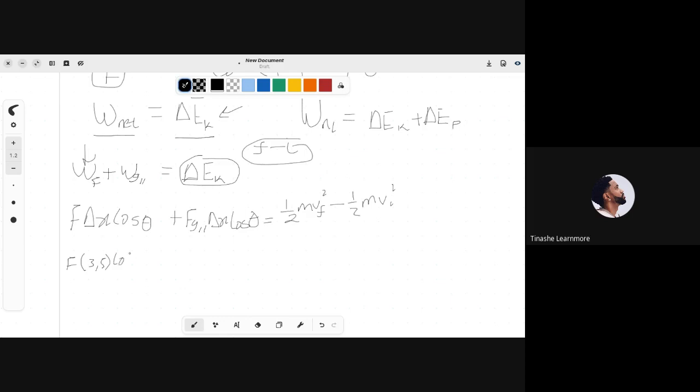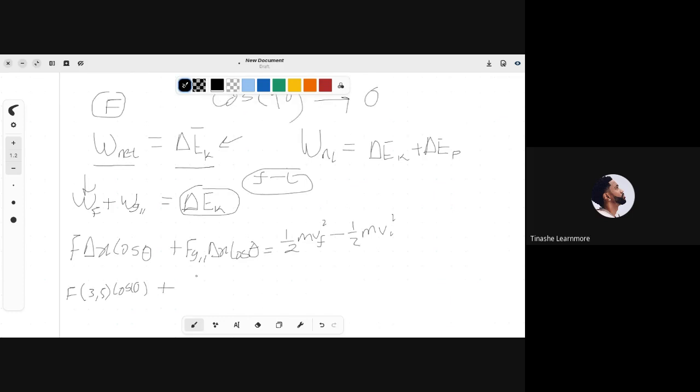Then I've got a cosine theta. Now remember this is work, so the angle between the F and the displacement is actually 0. Plus FG parallel. We may have to calculate this one on the side. To calculate FG parallel, we have to use the sine. FG parallel is equal to mg sine theta.